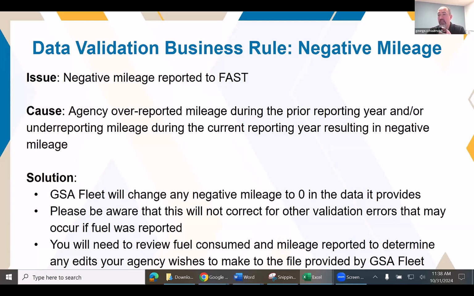Well, unless somebody's rolling back the odometer, it didn't in fact drive negative mileage. However, if the mileage was reported incorrectly and either overreported one year or underreported, you can end up with massive swings. We saw some vehicles with 50 and 60,000 mile corrections, either because it was being reported incorrectly in Mileage Express. There were a handful of instances where Telematics wasn't doing what it was supposed to do.